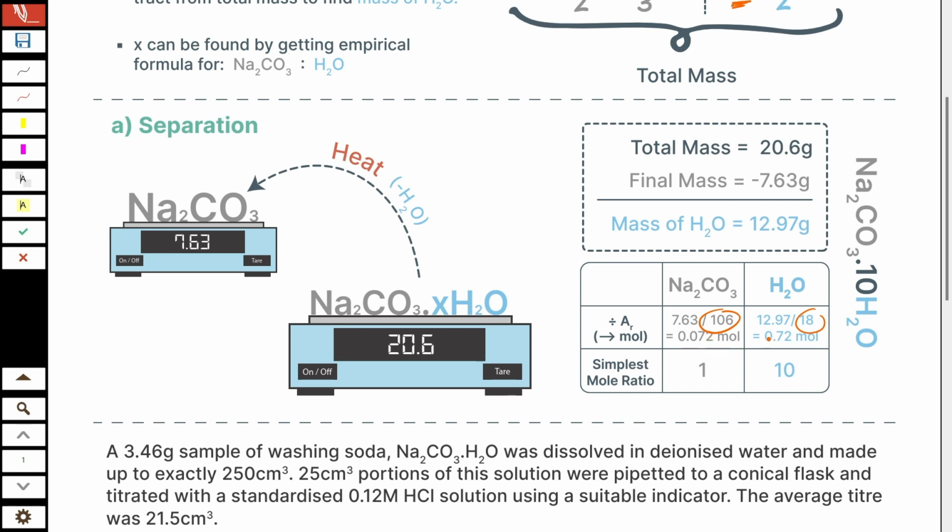We get that by dividing this value into this value, and you'll get the value of 10. And that tells me that the value of X is going to be actually 10. Okay, and that's how you could do it by heating a sample to determine the water of crystallization.